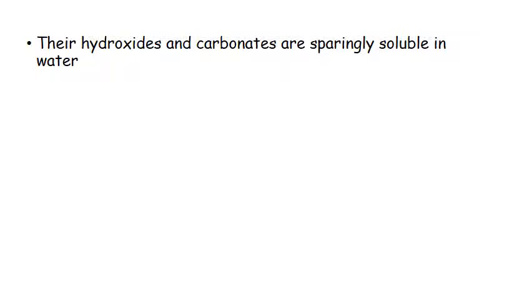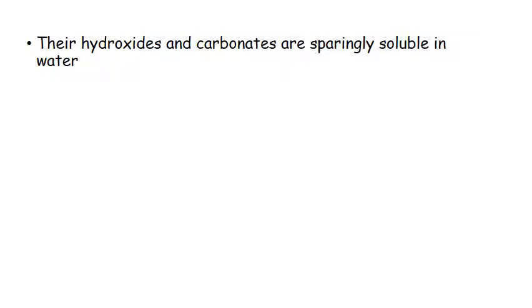Alright, there are hydroxides sparingly soluble in water, including their carbonates. And we know very well that group 1 hydroxides are very soluble, and group 1 carbonates are also very soluble.